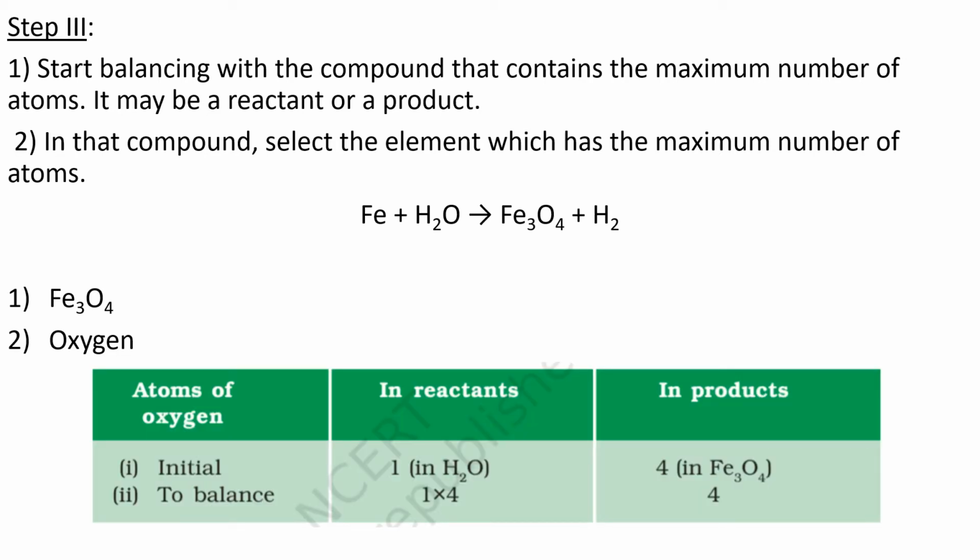So if we represent the number of atoms in a table form, we see initially in the reactants we have 1 oxygen and in the products we have 4 oxygen atoms. And to balance, we need to have 4 oxygen atoms in the reactants and 4 oxygen atoms in the products.